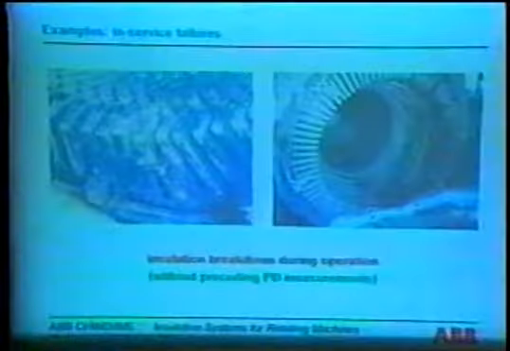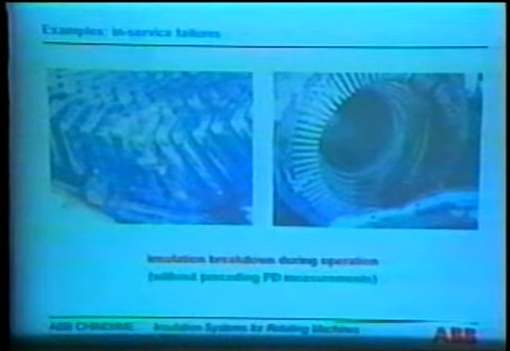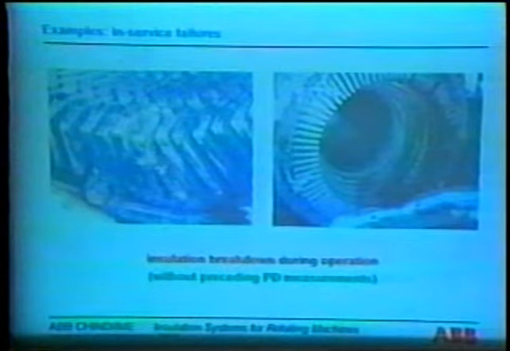All these examples showed some typical PD patterns that could be very well correlated with typical PD sources within the machine. And what we want to prevent with this kind of measurement and analysis is something like this, which shows you an in-service failure, an insulation breakdown during operation of the machine.